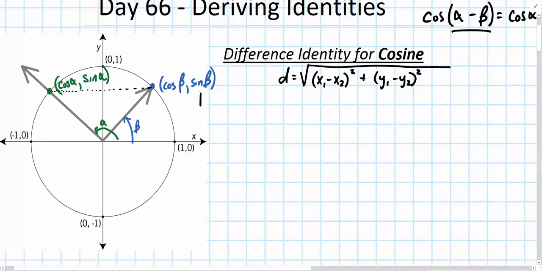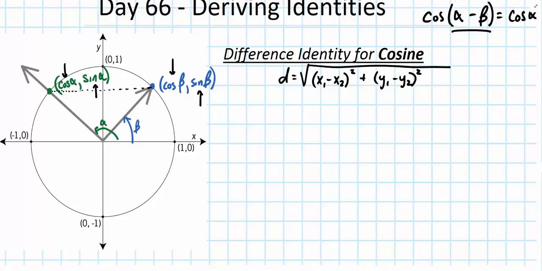We're going to get two y values, which come from the sine calculations, and two x values, which come from the cosine calculations. So even though this is an algebra formula, we'll be able to use it in the context of trigonometry shortly.